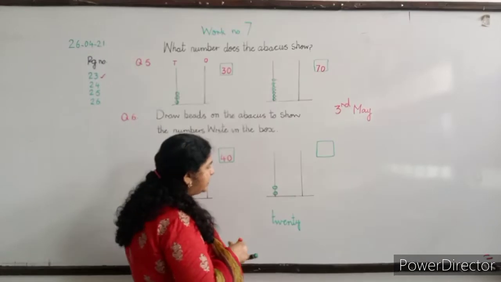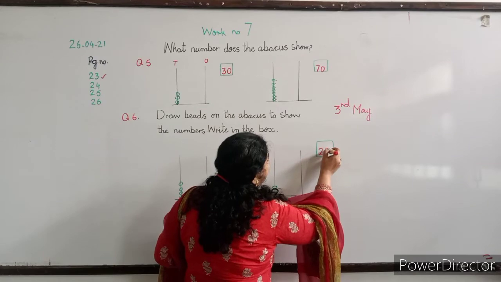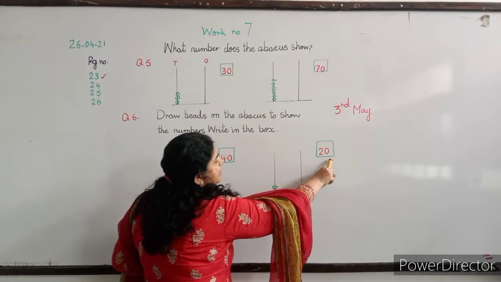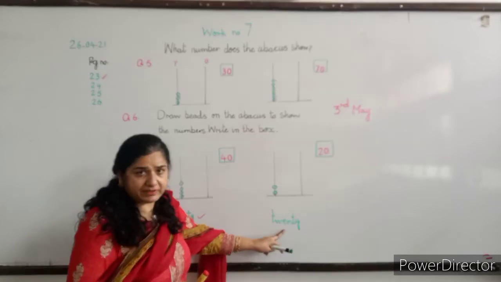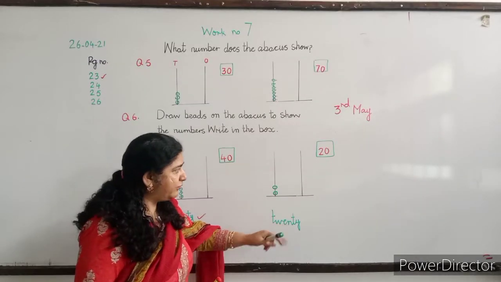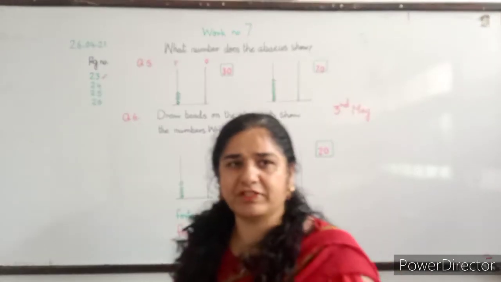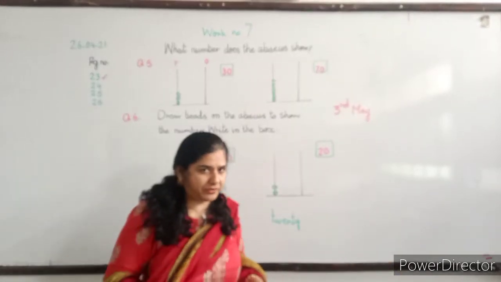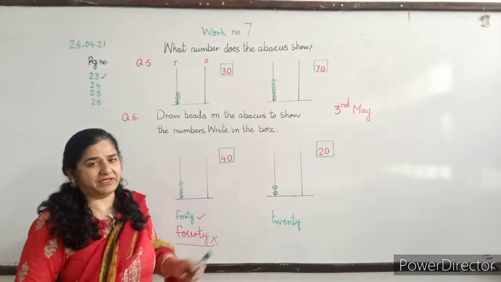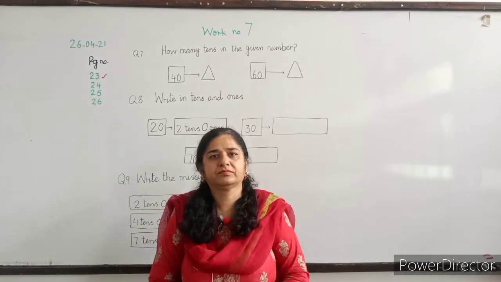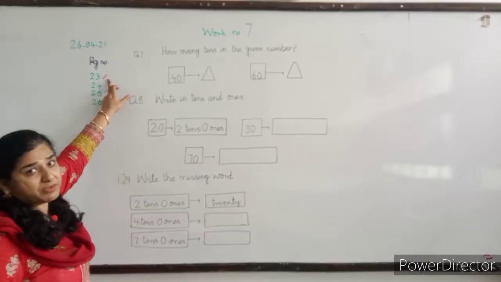So it means 2 tens and 0 ones. 2 tens and 0 ones is 20. And it is written like this, 20. Okay children? So in this way, you have to do this page number 23. Do it in neat handwriting.